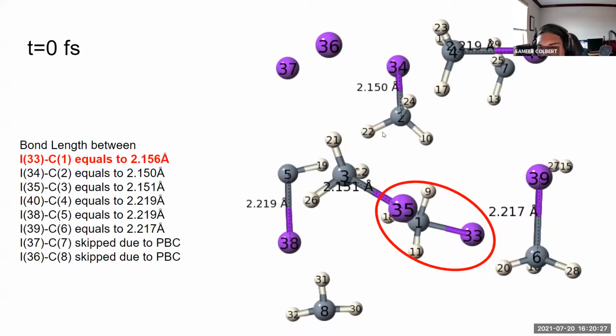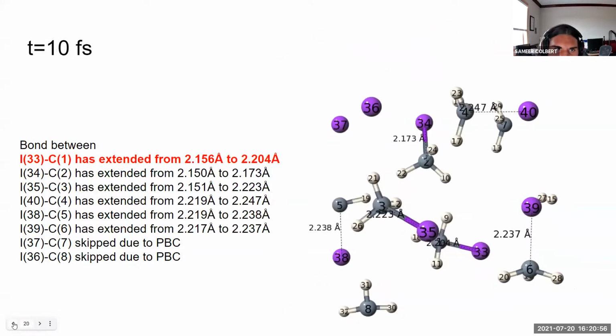So we then made a simulation of what would happen if we put a bunch of these molecules together and excited them. The bond lengths are roughly around 2.15 to 2.22. We excited it and looked at what happened. As we can see, they all start to expand due to an increase in energy.